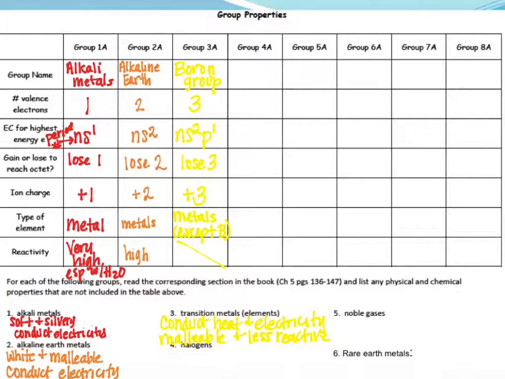Group 4A. What do you think its group's name is? The carbon group. How many valence electrons do you think it has? 4. What do you think its highest energy level is?